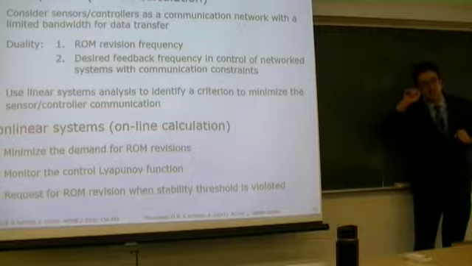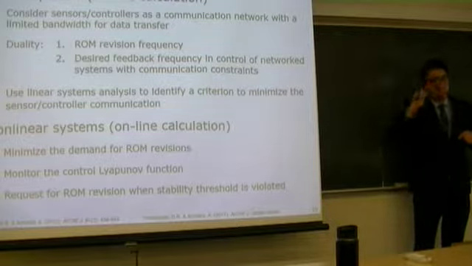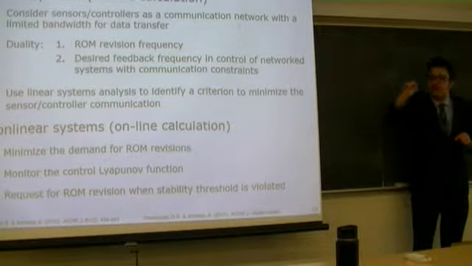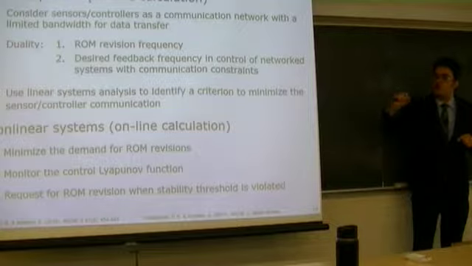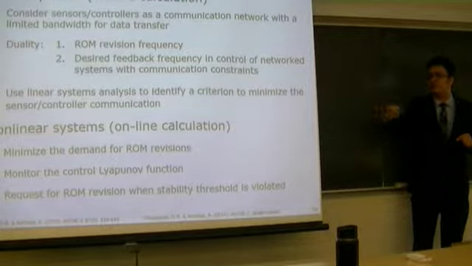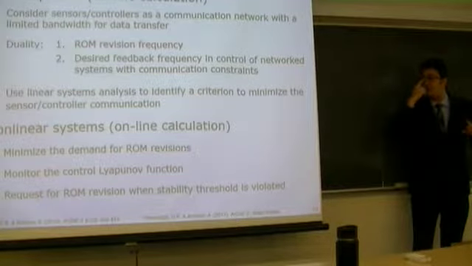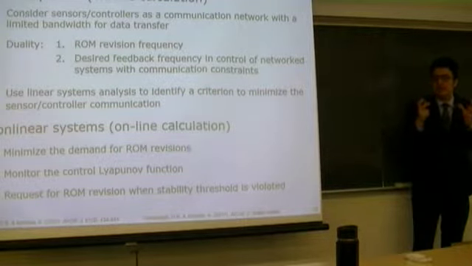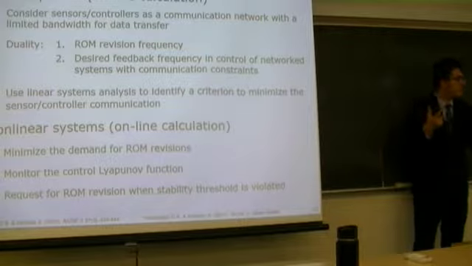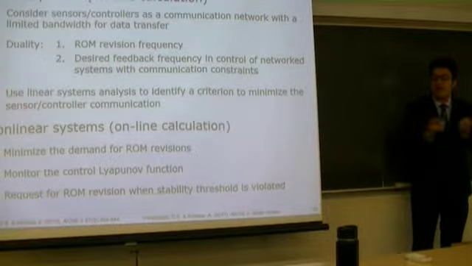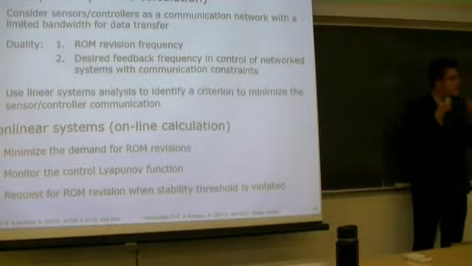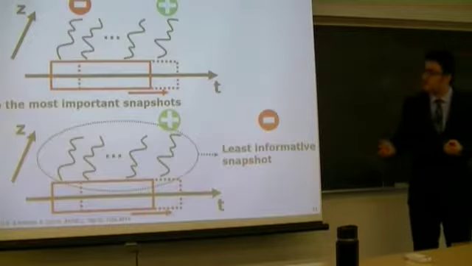When it starts to increase, that's the time that we need to revise our reduced order model based on the snapshots from the system. The increase in the Lyapunov function, in that case, since the controller is stable, means that the model that has been used for the controller design is missing some dynamics.